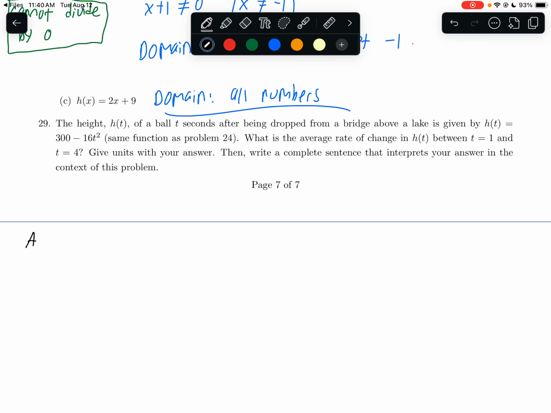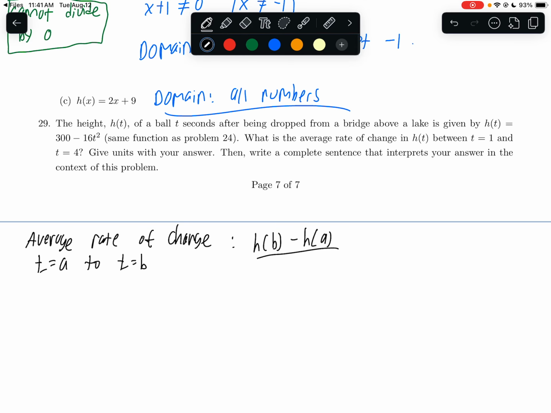So remember that the average rate of change, say from t equals a to t equals b, would be h of b minus h of a over b minus a. This is the formula we had, I think, in the true-false earlier.